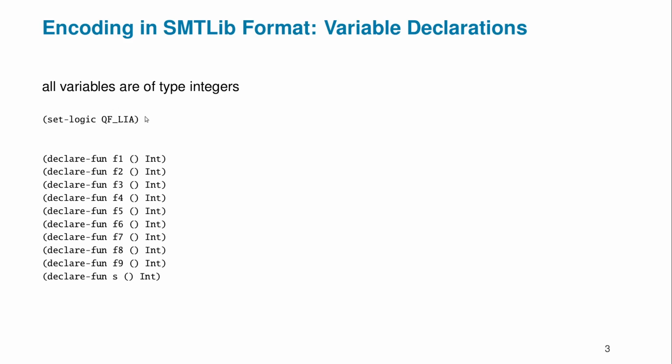Okay, so first of all we say which background theory and logic we use. We say we do not use any quantifiers, so it's quantifier free, which makes the solver's life much easier. And then we have linear integer arithmetic. So we restrict the kind of reasoning on the numbers to linear integer arithmetic.